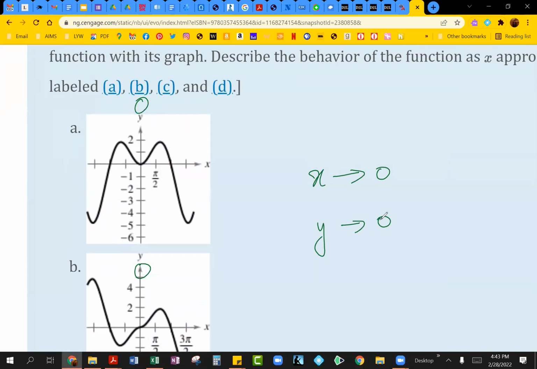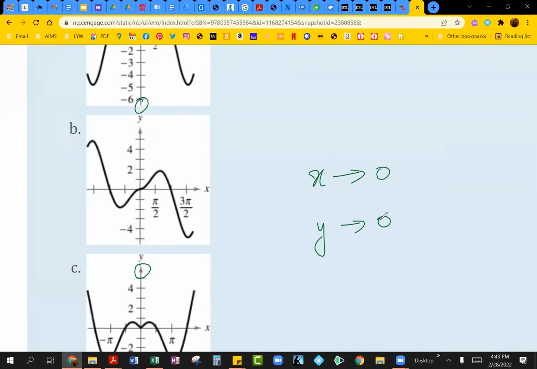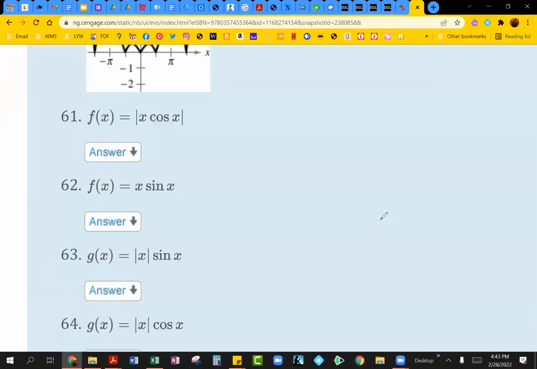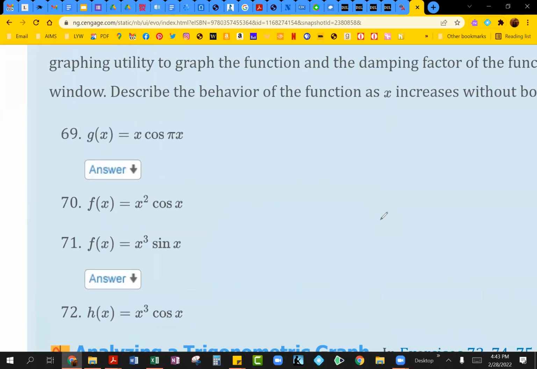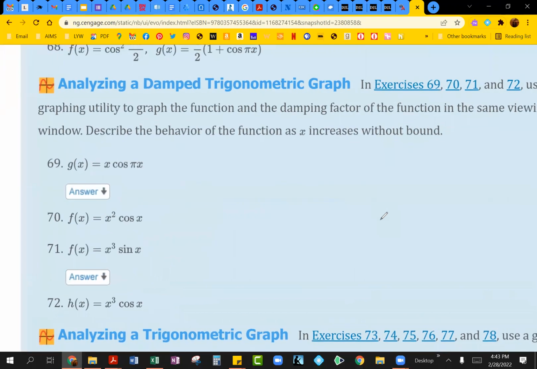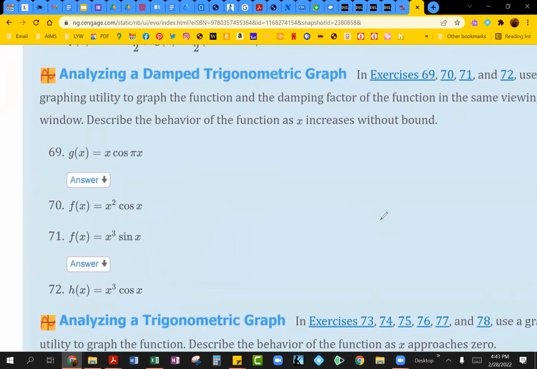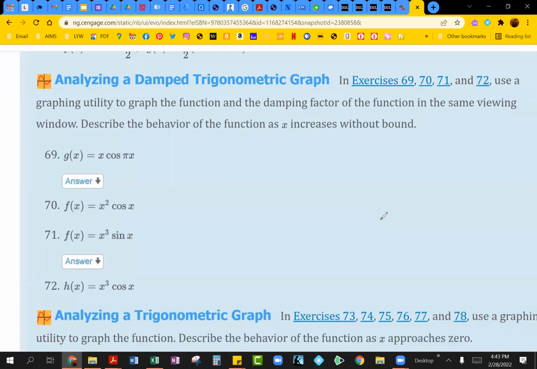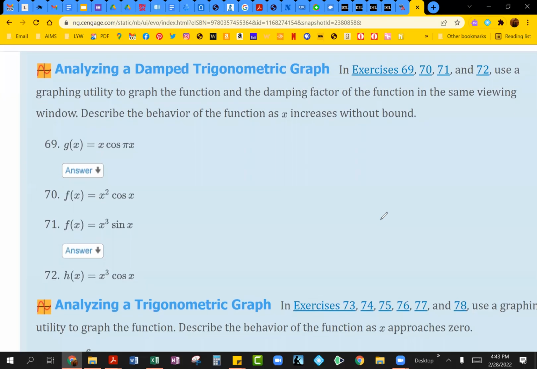Now on these functions, they are basically saying, what happens when your x increases without bound, which means what is happening as your x gets closer to positive infinity or negative infinity.